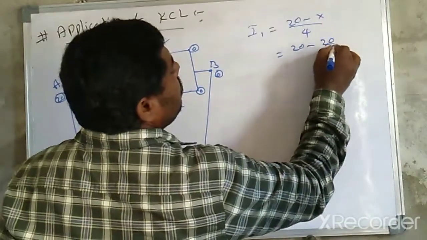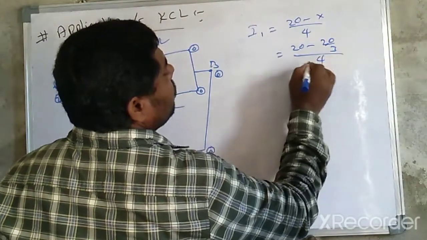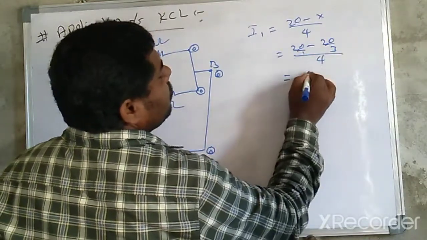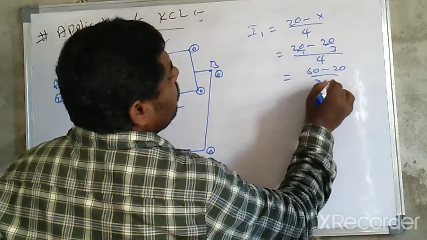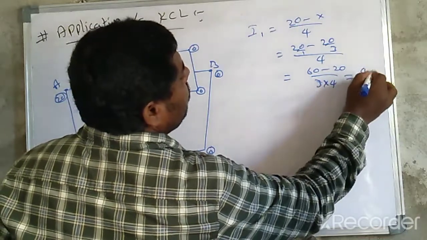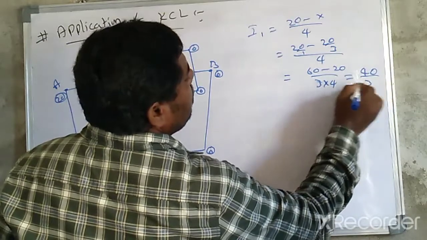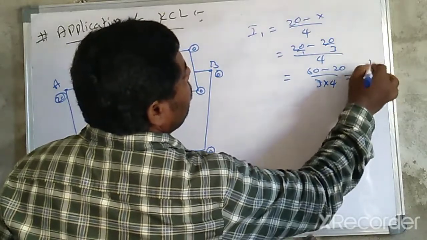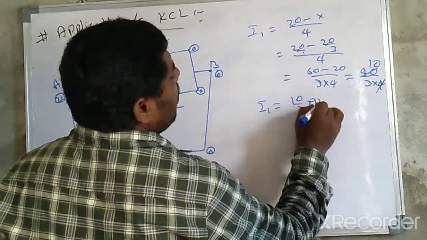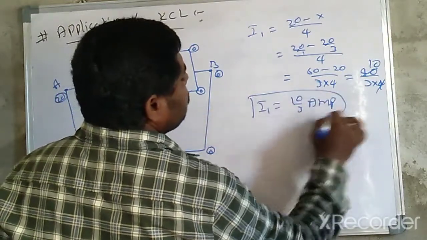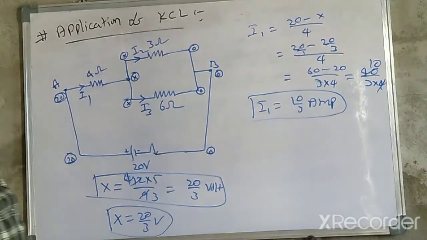Substitute here, whole divided by 4. Take LCM: 60 minus 20 divided by 3 into 4, that is equal to 40 divided by 3 into 4. So I1 is equal to 10 by 3 ampere.